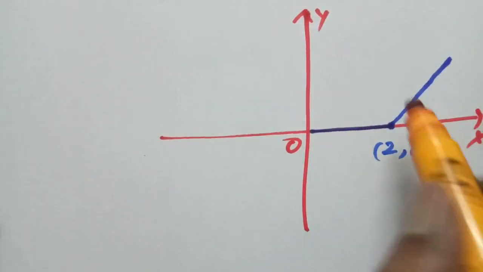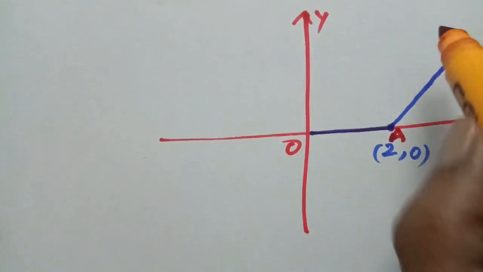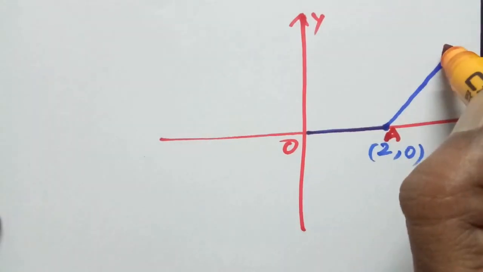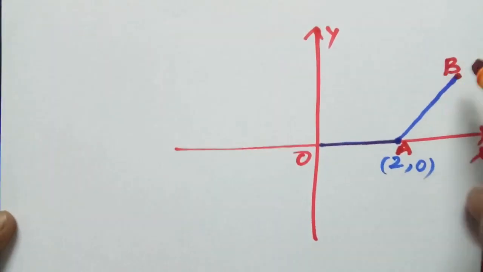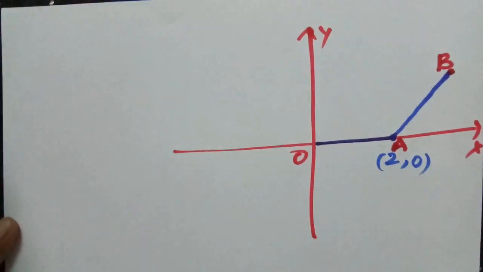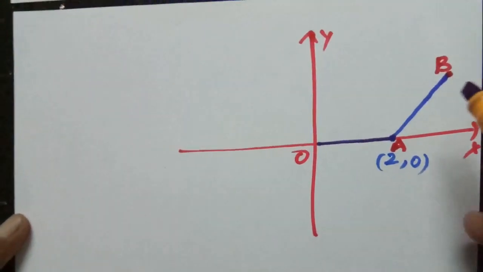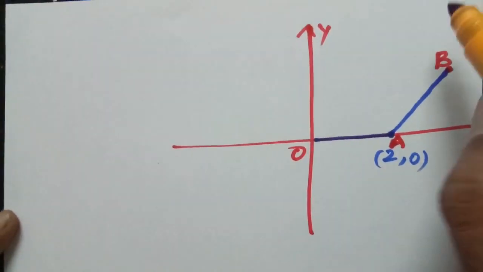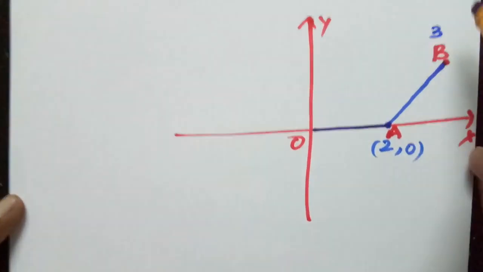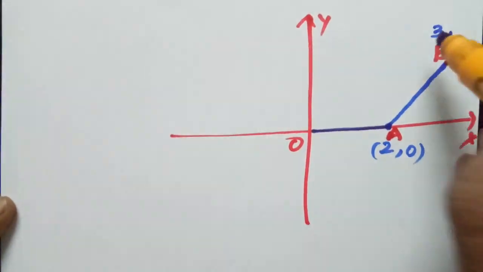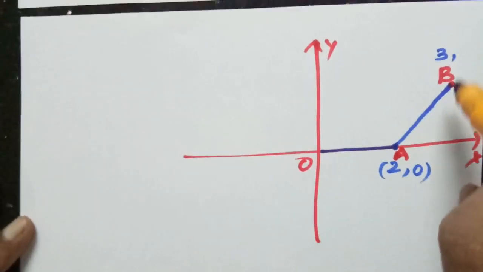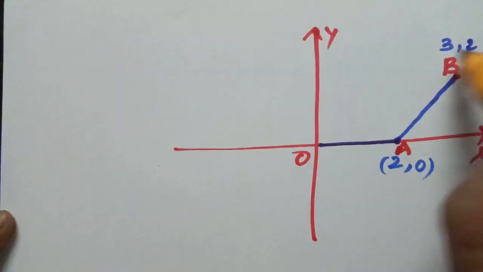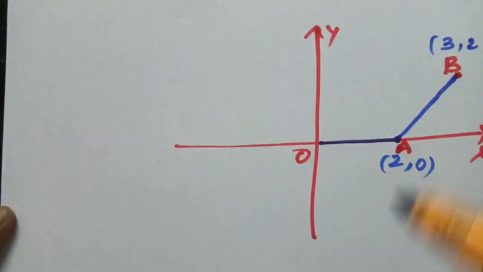Here this is A. This is B. That means B is (3, 2). B coordinates are x value 3 and y value 2.